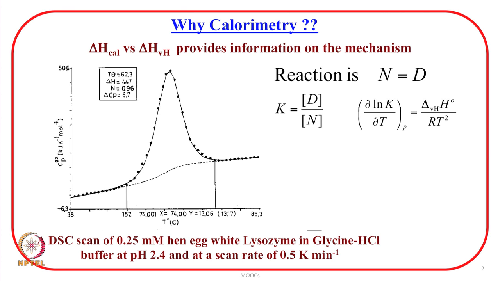Establishing reversibility means that if we cool the system back, we should be able to get back the transition. That is, when you heat it, you get this transition, and when you cool it at the same scanning rate, we should be able to get back the same transition.